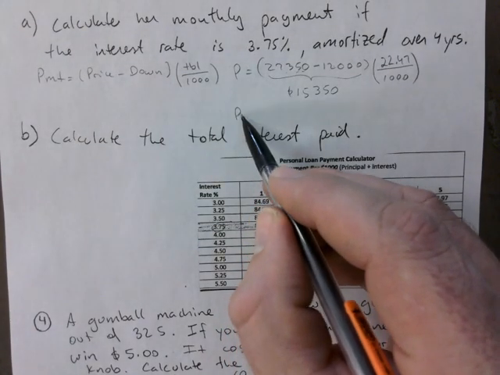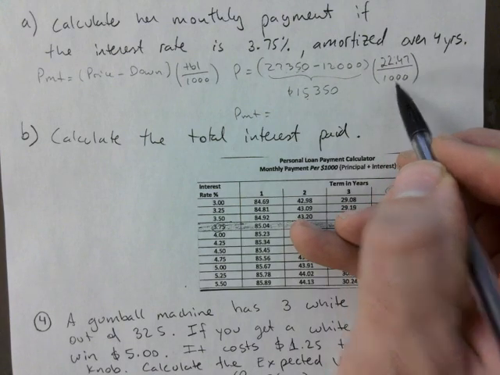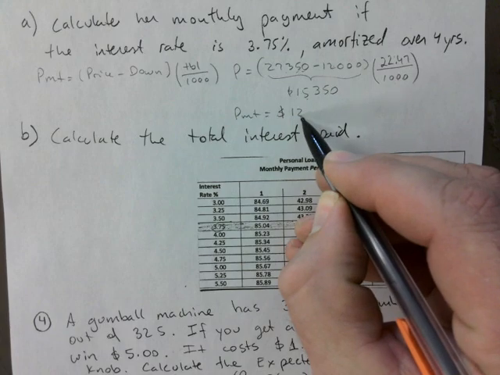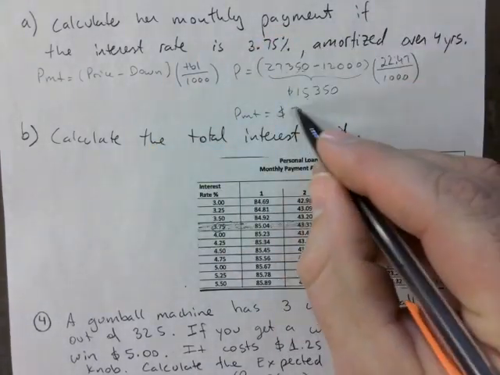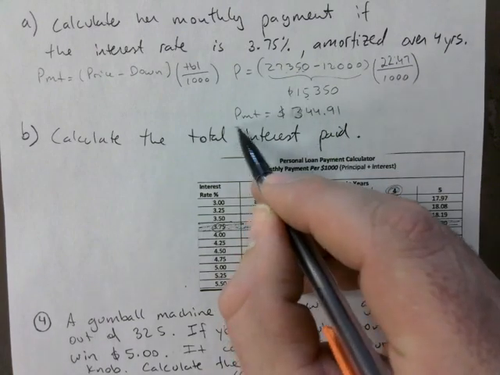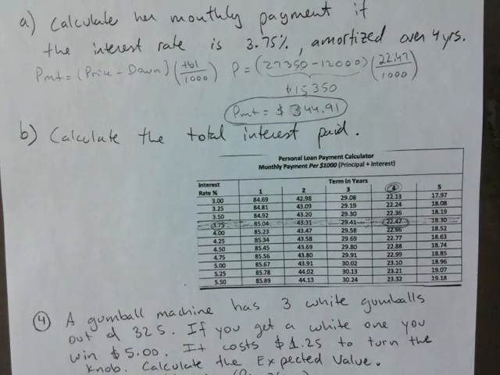So the payment is this times that divided by 1,000. And make sure you check if your answer is reasonable. No, sorry, that's not reasonable. 344.91. That's your monthly payment right there.